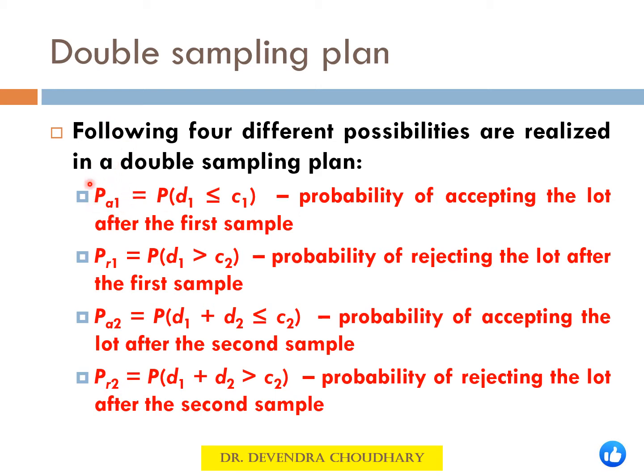So these 4 are mutually exclusive events. PA1 is the probability of accepting the lot after first sample, PA2 is the probability of accepting the lot after second sample, PR1 is the probability of rejecting the lot after the first sample, and PR2 is the probability of rejecting the lot after second sample. So the sum of PA1, PR1, PA2 and PR2 would be equal to 1.